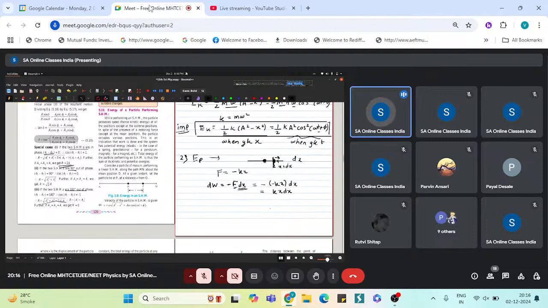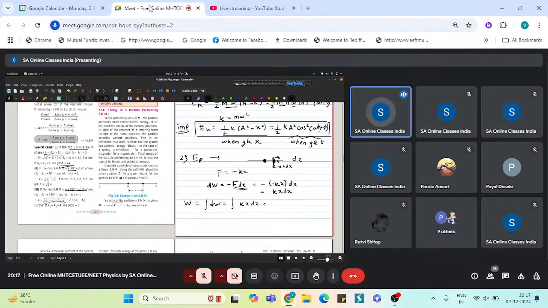Now this is a small amount of work for a small amount of displacement. If we integrate this whole thing, we are going to get the entire amount of work to perform the whole motion. That is just going to be dW, which is the integration of kx dx.